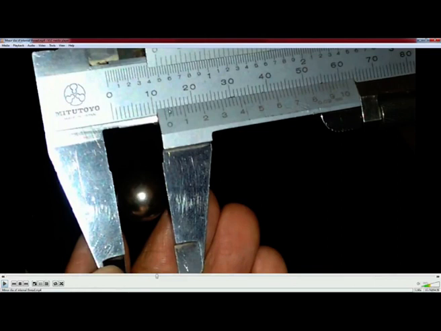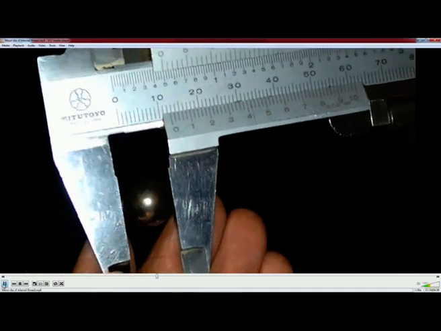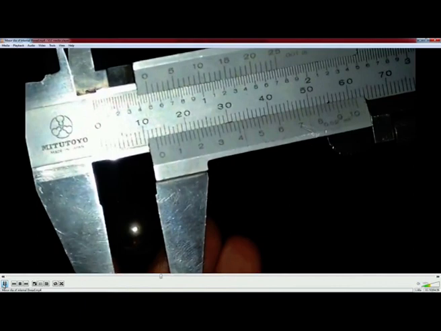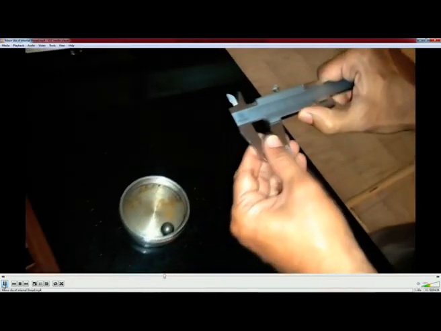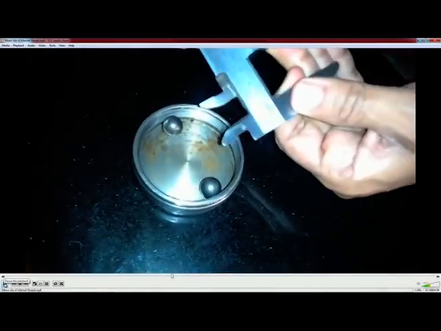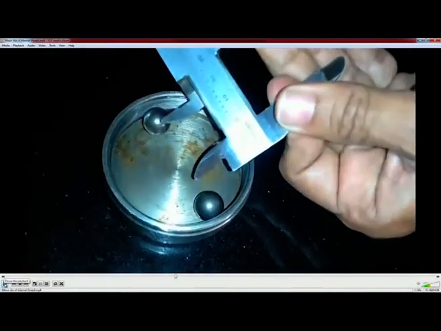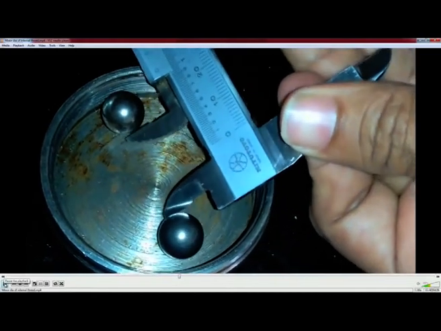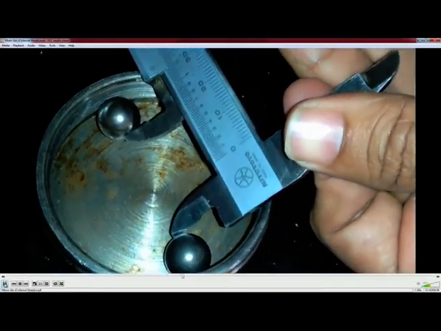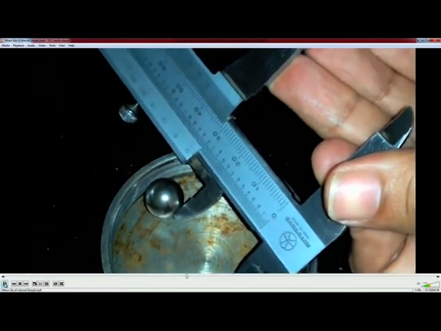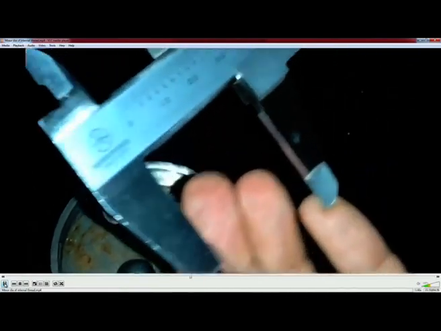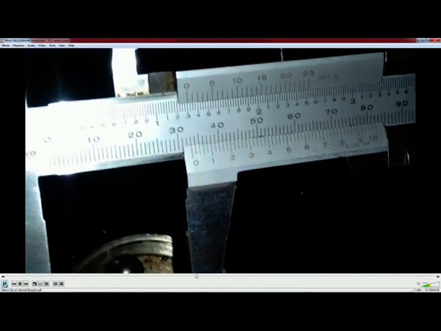Again, you can see the diameter is 12 millimeter, and then we have to note down the vernier reading. Now, we should measure the approximate distance between the two steel balls, so that we can easily build the slip gauge assembly.